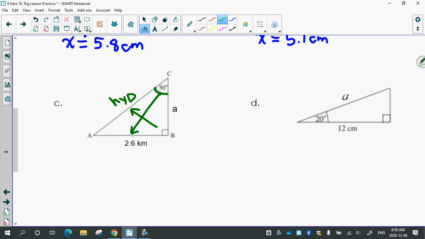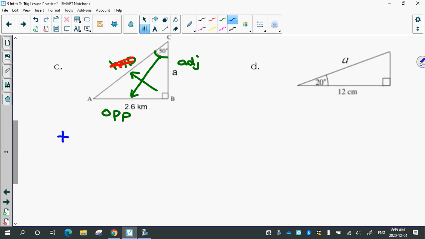Across from the 50 is the opposite side. And the side remaining is the adjacent. So which side should I cross off? Height? Okay, I don't know it, and they're not asking me to find it. So I cross off height, and then I have to look and see what formula has opposite and adjacent in it. Tan.